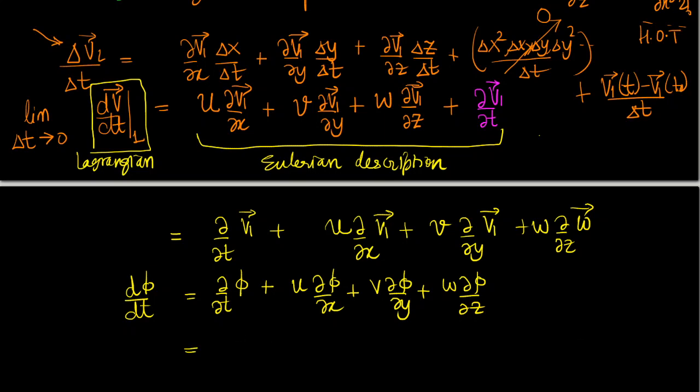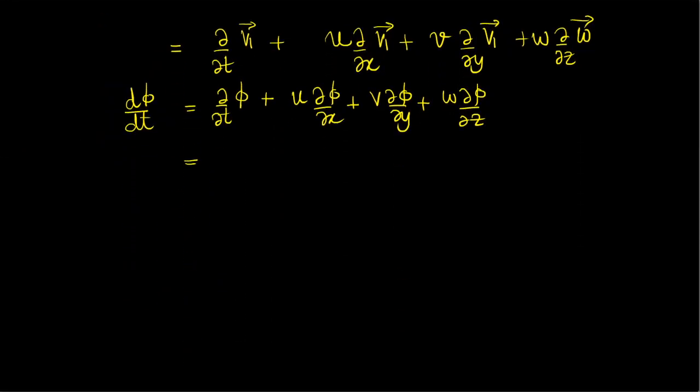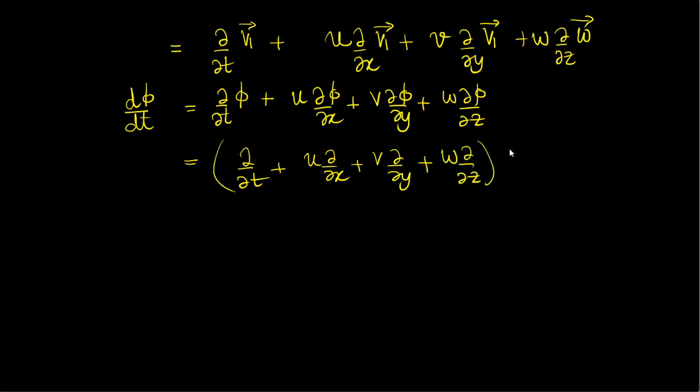So in an operator form, I can write this as del t plus u del x plus v del y plus w del z, all operating on the variable phi. So this is an operator way of writing it.